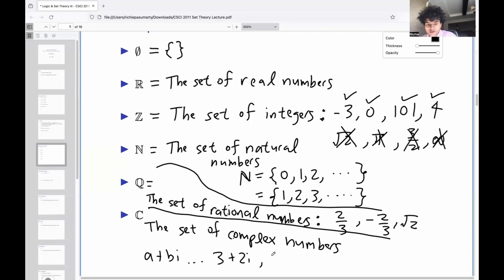Another complex number can be 3 minus 2i. Another complex number could just be 3. Why is 3 a complex number? Because it's technically the same thing as 3 plus 0i. So just to clarify, i is the imaginary number, which is used to represent the square root of -1.